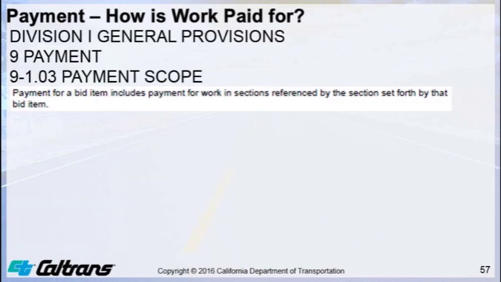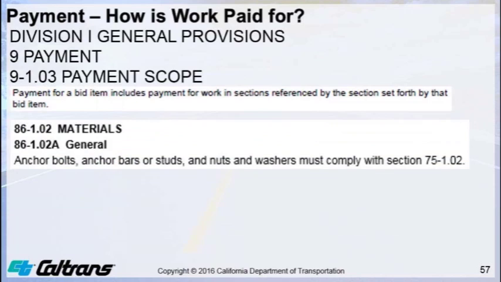Here is an example of a cross-reference that affects payment. Section 86-1.02 Materials under Section 86-1.02A General states that anchor bolts, anchor bars, or studs and nuts and washers must comply with Section 75-1.02.